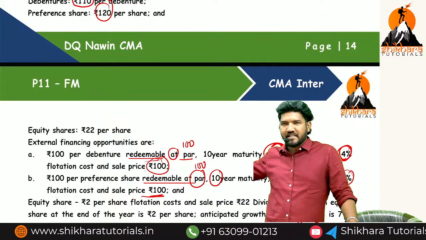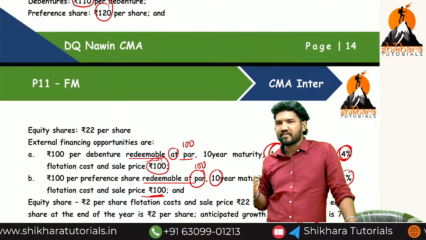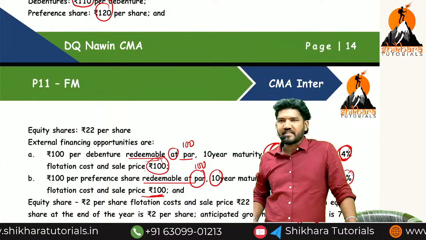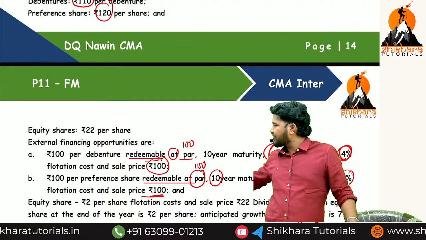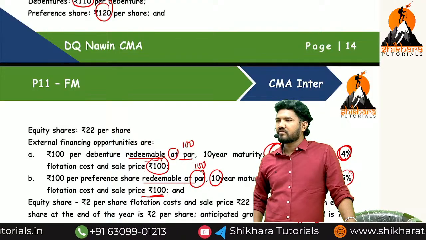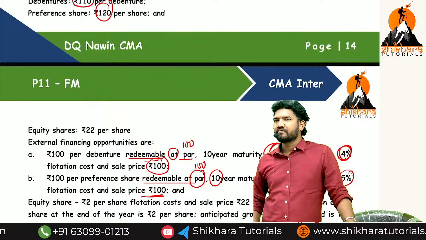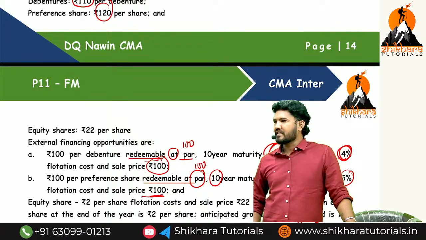Clear? Point to be understood. As per their note point, I need to consider market price. But as per the solution, go and check what they considered: net proceeds only, for KD.